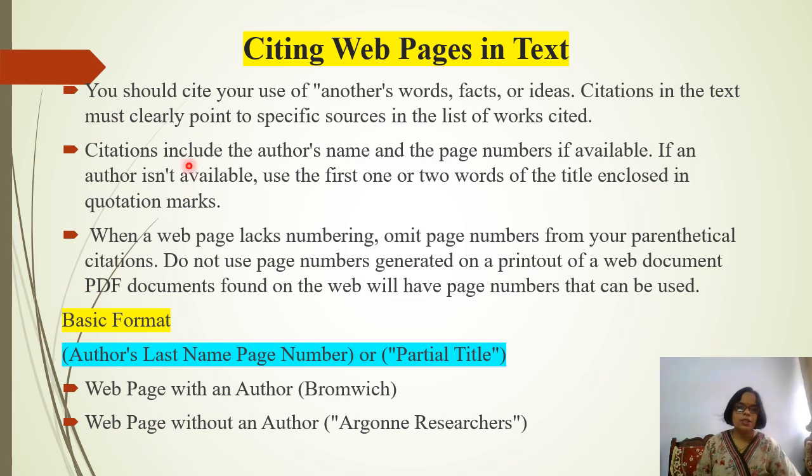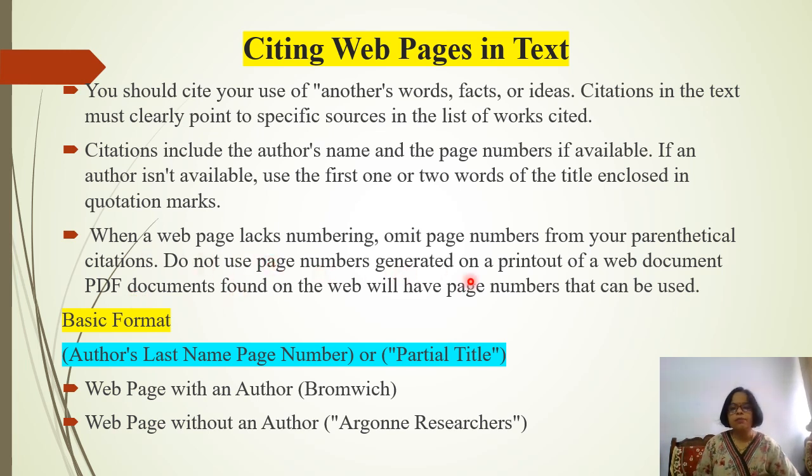Again, citations include the same author's name, page number if available. If an author's name is not available, then we may use the first one or two words of the title and close in quotation marks. When a web page lacks numbering, omit page numbers from your parenthetical citations.